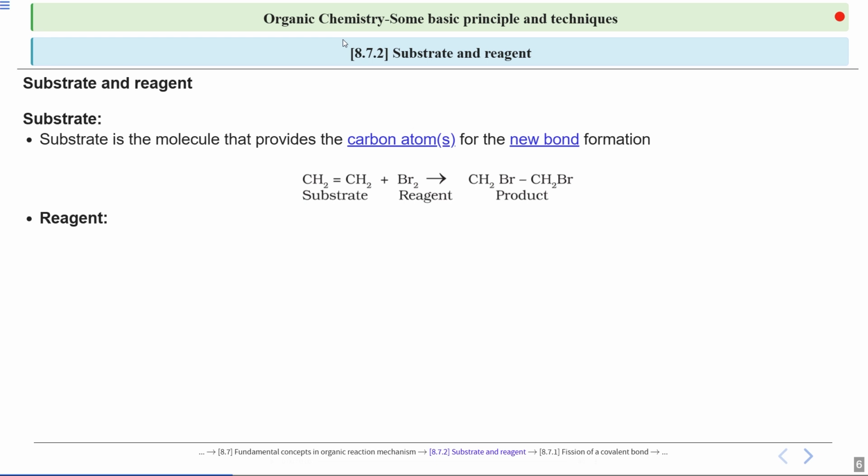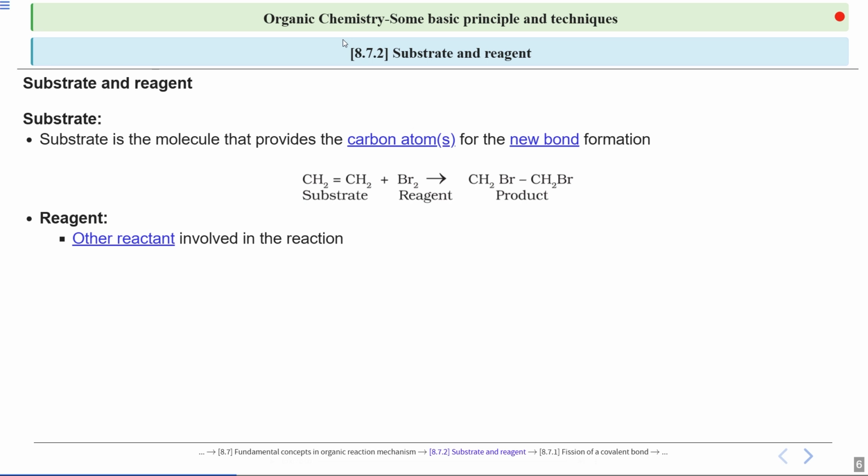If I talk about the reagent, then the other reactant, which is not the primary source of your carbon atom, is taken as your reagent. In most cases, the reagent is the one which is either introducing your functional group or transforming the previous functional group to a new one.